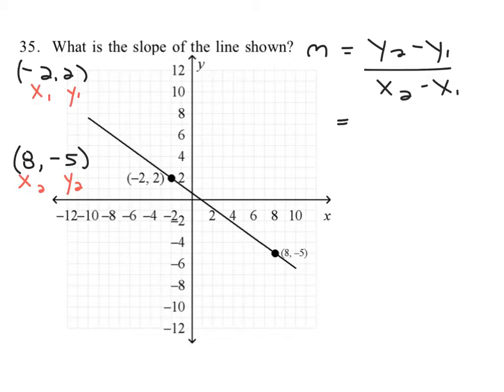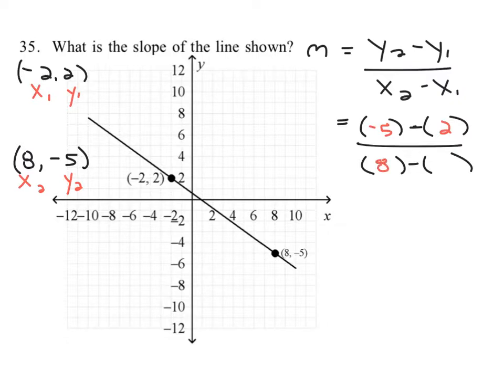Okay, so let's then substitute it in. I like to write it like this and then just fill in, because then there's no confusion if there's subtracting negatives and things like that. So y2, negative 5, y1, 2, x2, 8, x1, negative 2.